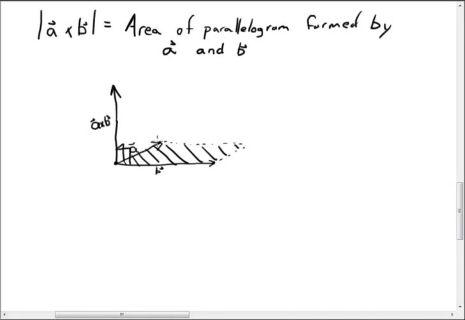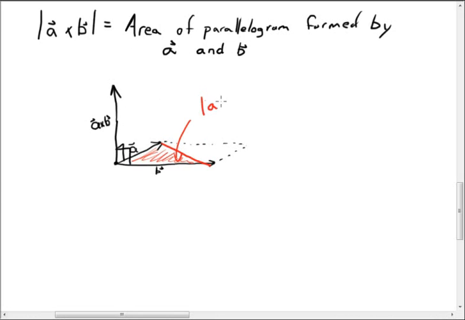So you can also use this to find, if you wanted to find the area of this triangle, well, that's simply half of the cross product.